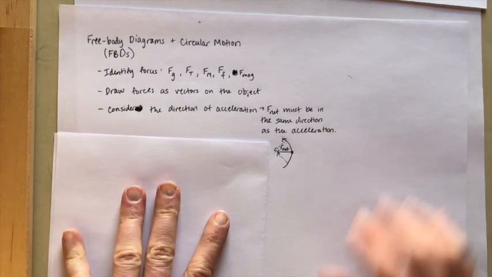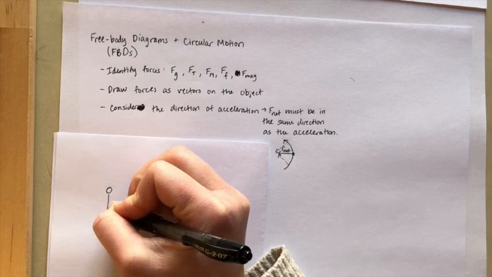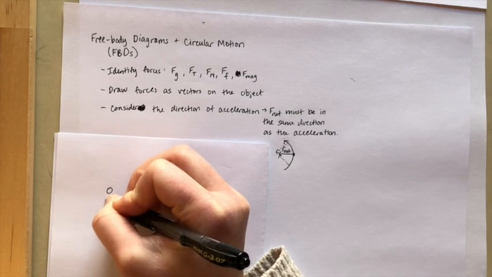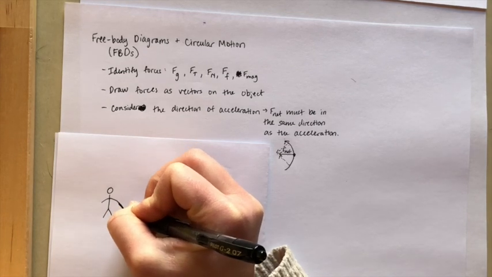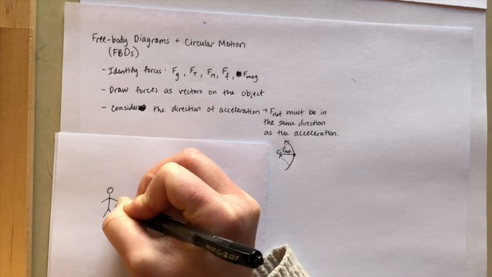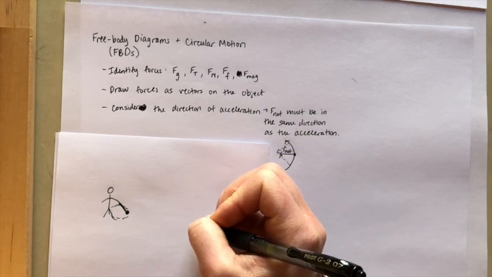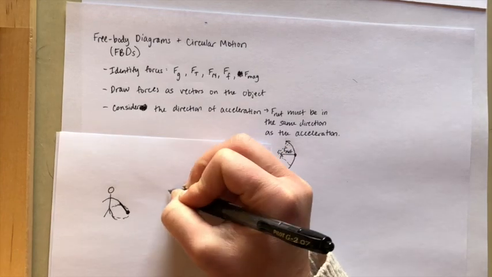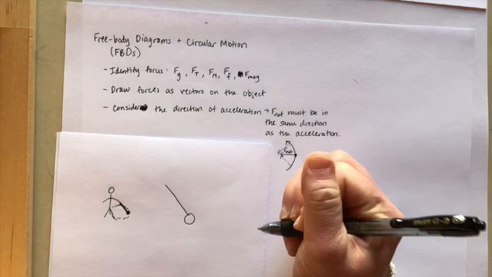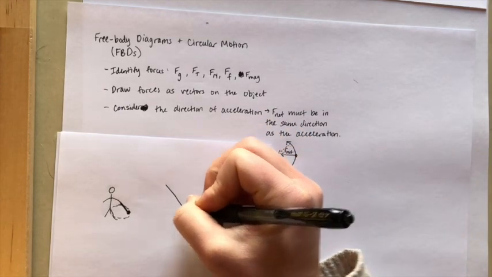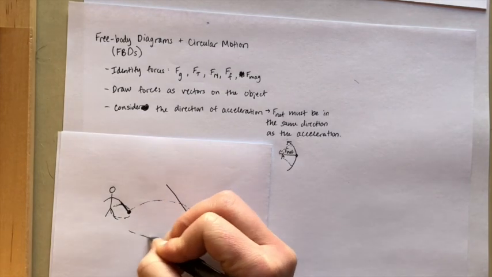Now let's do an example of a free body diagram involving somebody spinning an object off of a string, so maybe it's a yo-yo again, and they're doing it in a circle like this. I'm going to draw this at a slightly zoomed-in angle, so the circle does something like this.